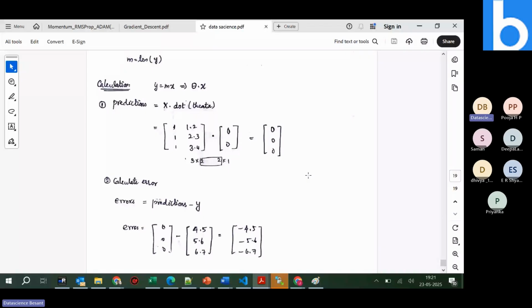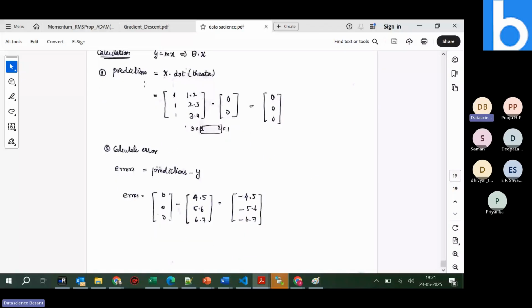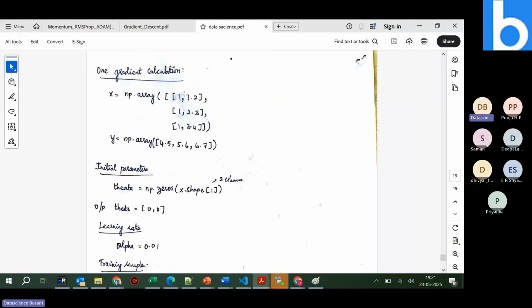So the first step is over. See, these are the predictions. Yesterday I was shouting, right, in the MSE formula, mean squared error, y cap, some prediction. So for 1.2, you know the answer is 4.5. For 2.3, you know the answer is 5.6. For 3.4, you know the answer is 6.7.